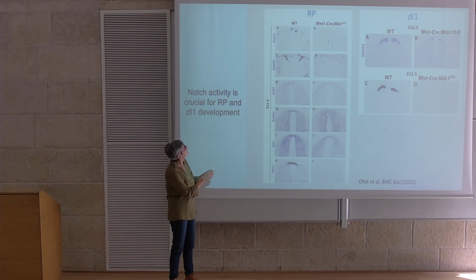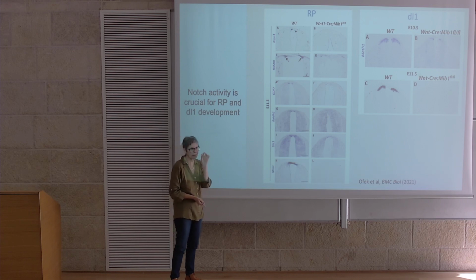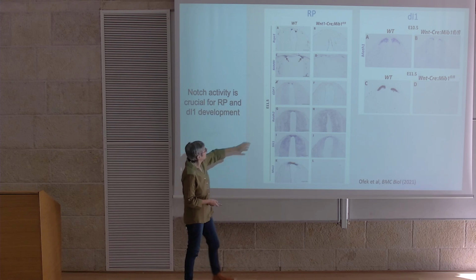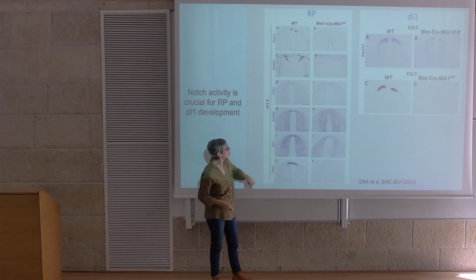So we see in the wild type RSPO1, we see Bambi, we see GDF7. The roof plate in mice is ugly, is extremely small. You see RALDH2, you see SLIT1, you see MSX1. None of them is present in the roof plate of the Mind bomb mutants. Namely, Notch is necessary for the formation of the roof plate.